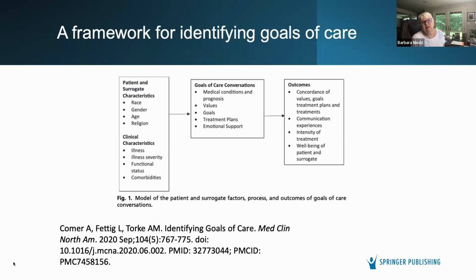We want her to be safe and happy, and maybe she'll make it to her 100th birthday, maybe she won't, but nonetheless, the goals of care conversation are all around safe and happy, and not necessarily about being free of disease and being able to manage or cure this. I mean, she's 99, and moving forward, that might be a real challenge.